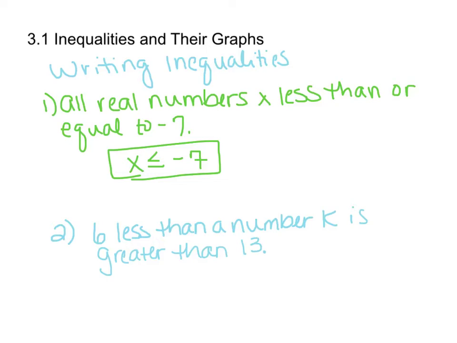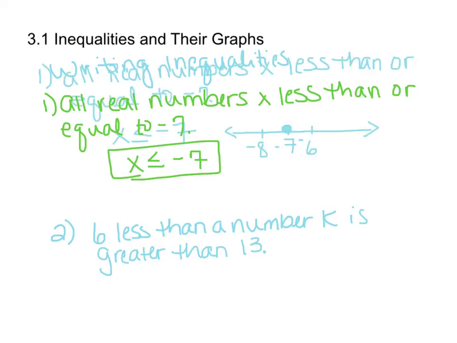Okay, so if we look at our graphic organizer, and if you didn't get that graphic organizer out, it might be a good idea to pause the video, get your notes, and look at that graphic organizer. So 6 less than a number, this means subtraction, and whenever it says less than a number, we always write it backwards, so it's k minus 6 is greater than 13. Okay?